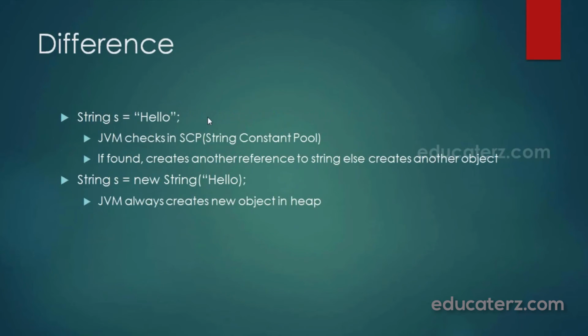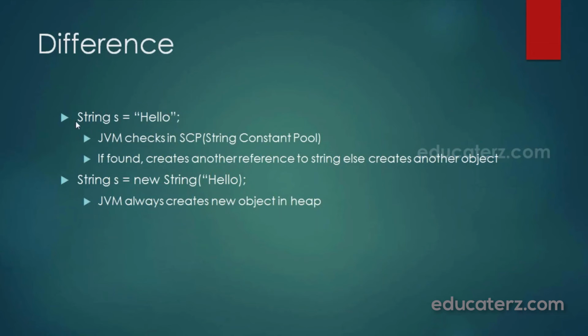When I say String s equals hello, JVM first checks in the string constant pool whether hello already exists or not. If it exists, it creates another reference variable and assigns the same reference of s into s1 also. Else it will create another object.